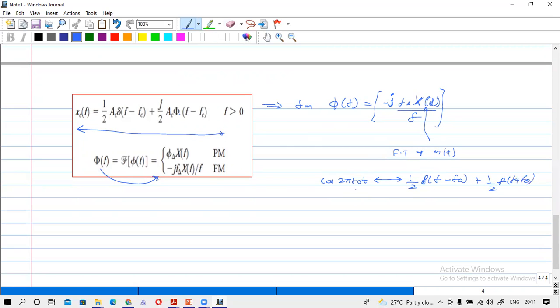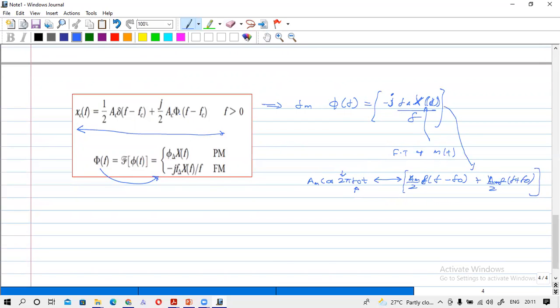You know f0, so you can find the Fourier transform of this cosine signal. And Am is there, so Am should be here, and you can find X(f) easily.